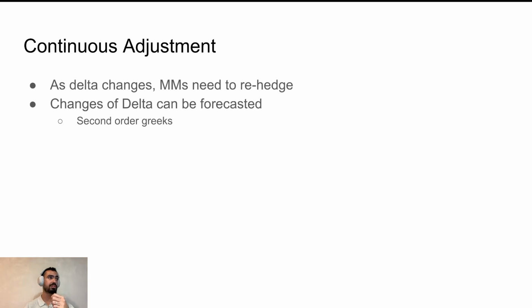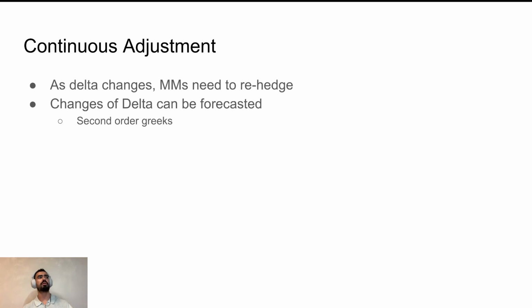If the delta decreases in their portfolio, they're going to have to buy. All right? And this can be tracked and even forecasted with the usage of second order Greeks to understand how their delta is actually changing right now. And we can also make some projection and see, okay, how is the delta going to be changing later in the day if the price is a bit higher, a bit lower, right?